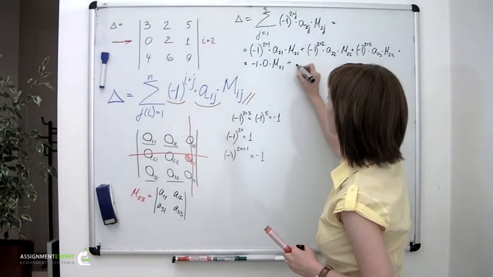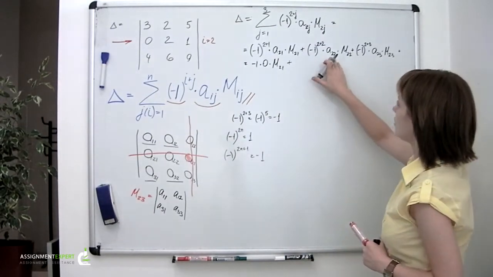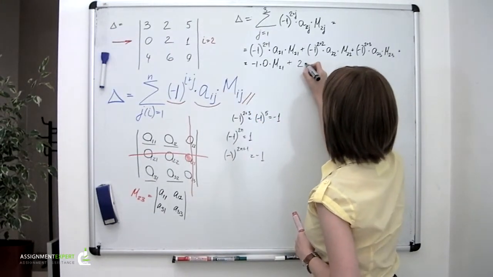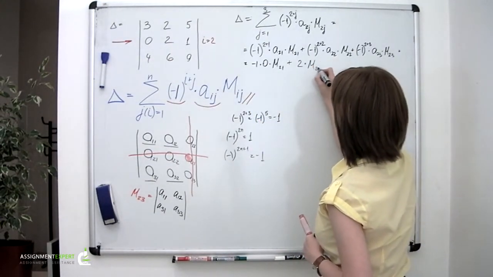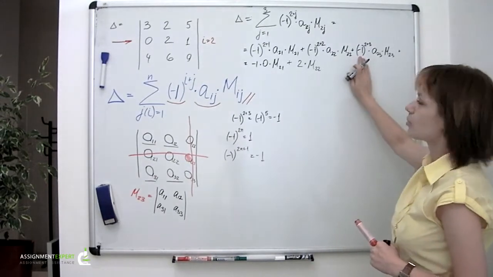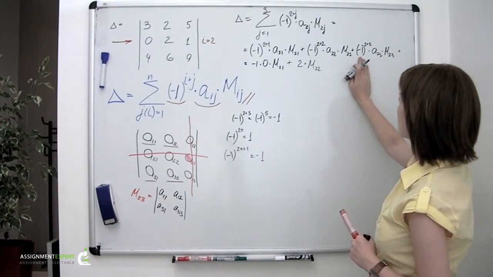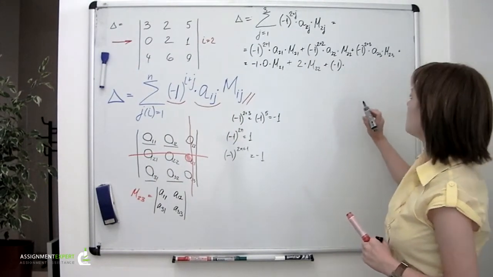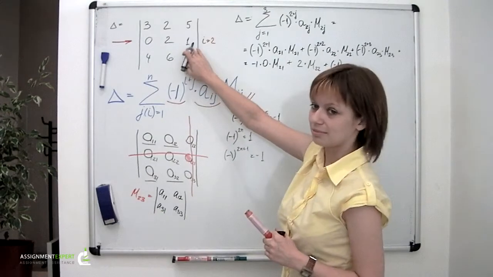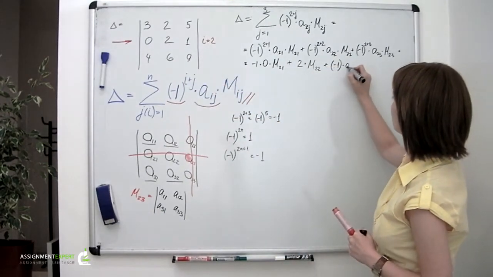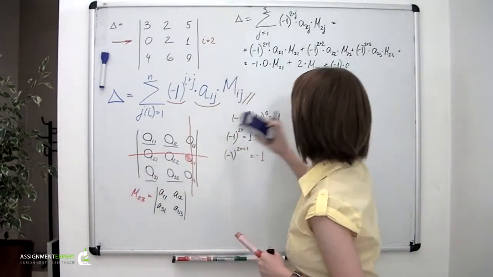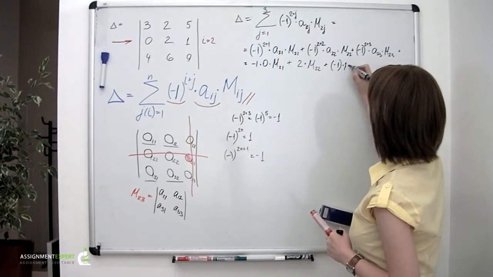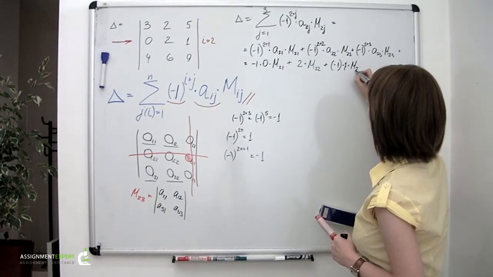So we can simply write down plus a_22, which is 2, times M_22. And then minus 1 to the fifth is minus 1, times a_23, which is 1, and then minor M_23.